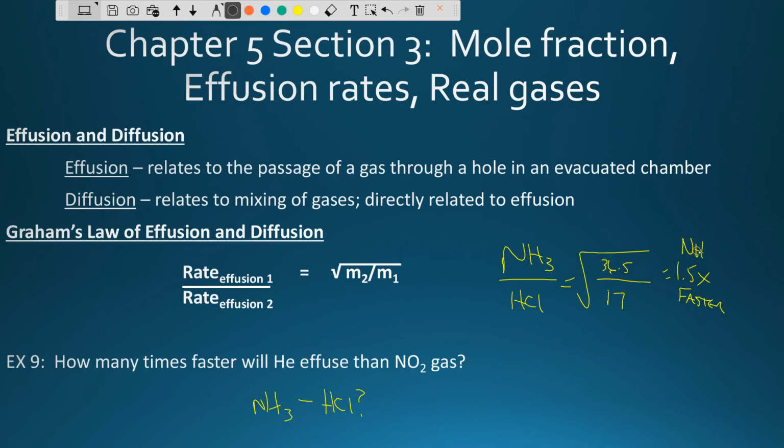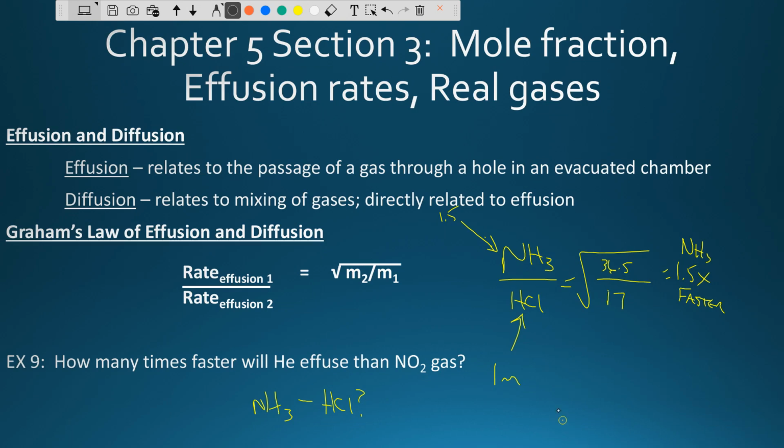So my ammonia is this. What that means is if this has gone 1 meter, I know that because ammonia is 1.5 times faster, it will have traveled 1.5 meters.